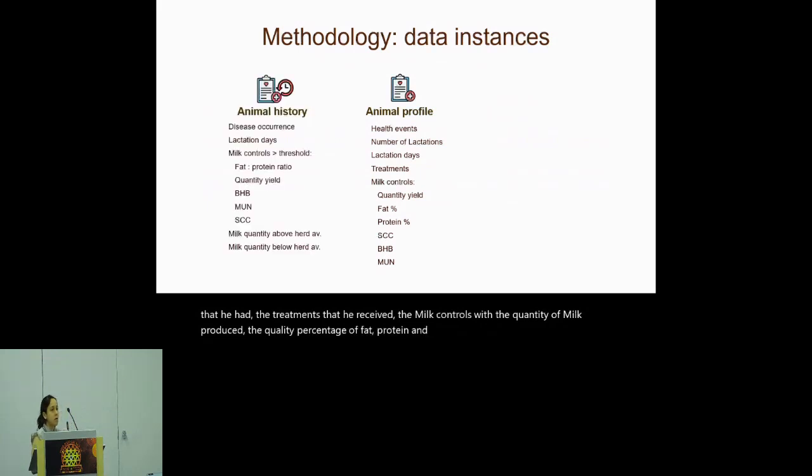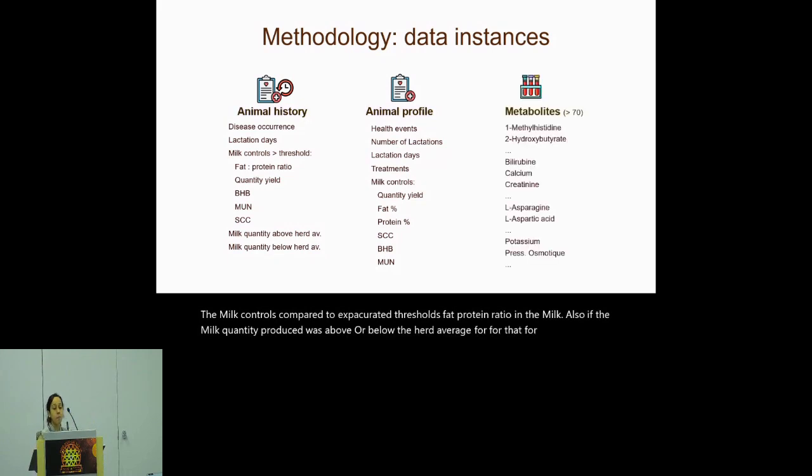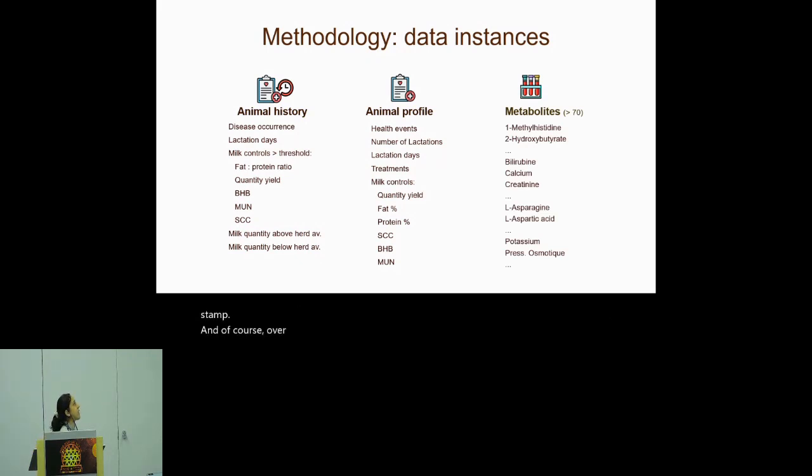The animal history will have the occurrence of diseases that the animal had in the past, the number of lactation days the animal was at when that disease occurred, the milk controls compared to expert curated thresholds, the fat protein ratio in the milk, and also whether the milk quantity produced was above or below the herd average for that time stamp. And of course, more than 70 metabolite types were analyzed.